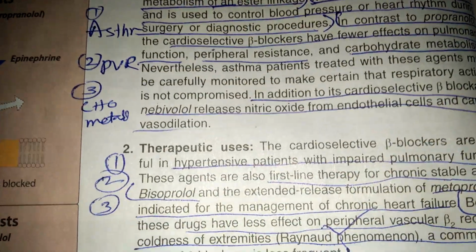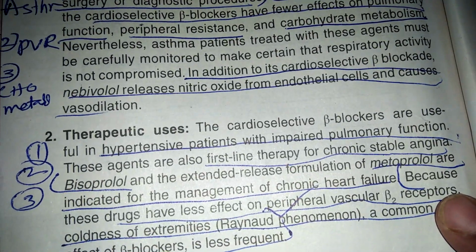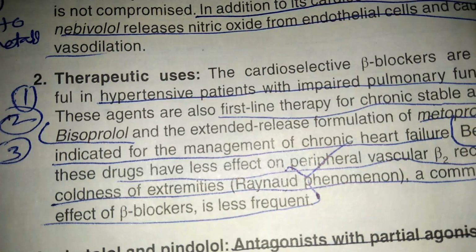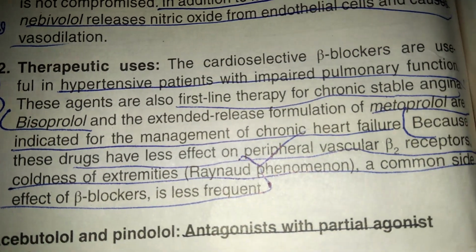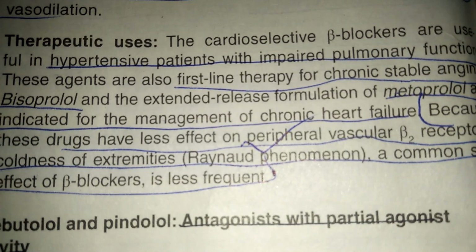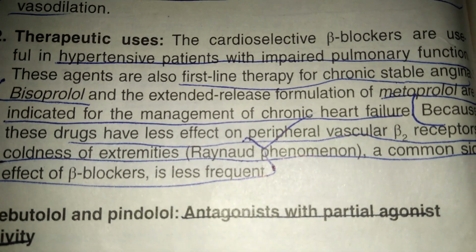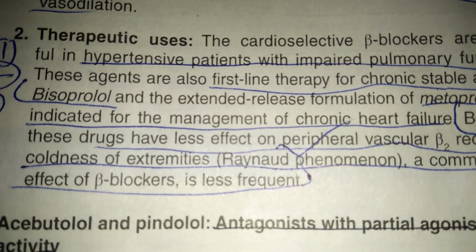Actually, you just need to go through this one, beta 1 selective agents. They have less effect on peripheral vascular beta 2 receptors. Okay, they have more affinity for beta 1 and less effect on beta 2 receptors in peripheral vasculature.